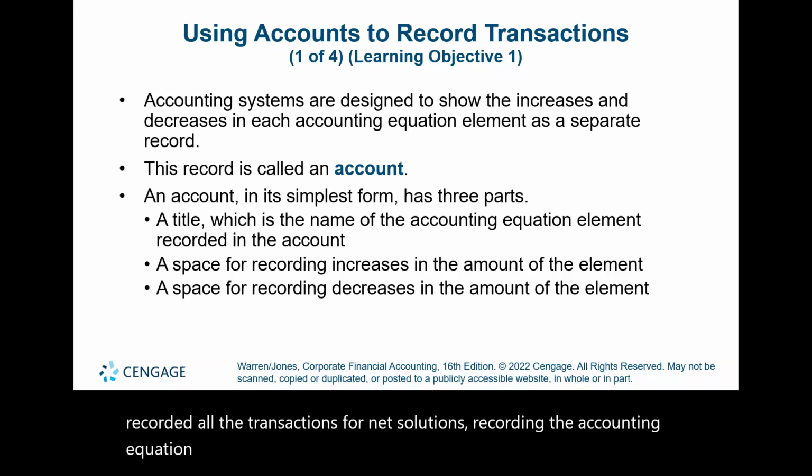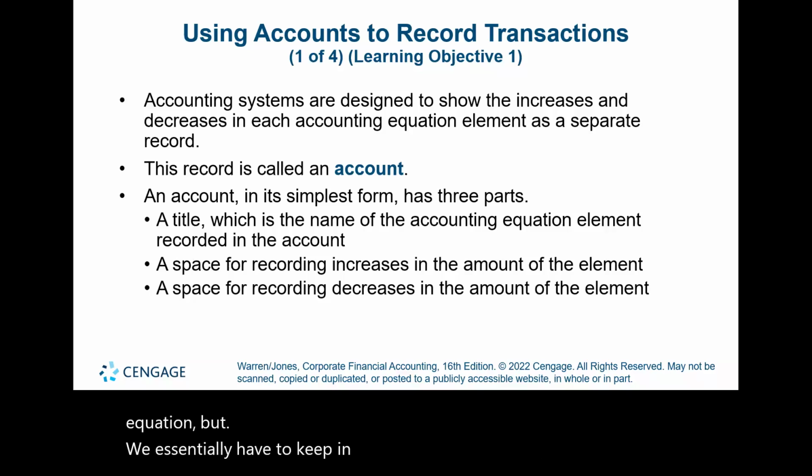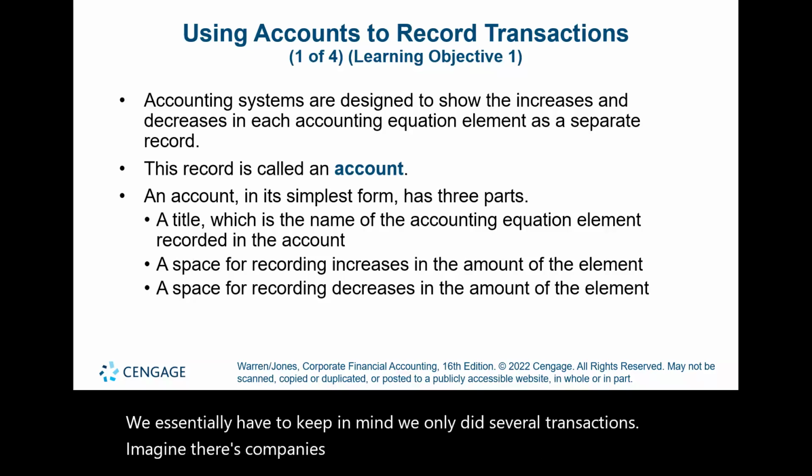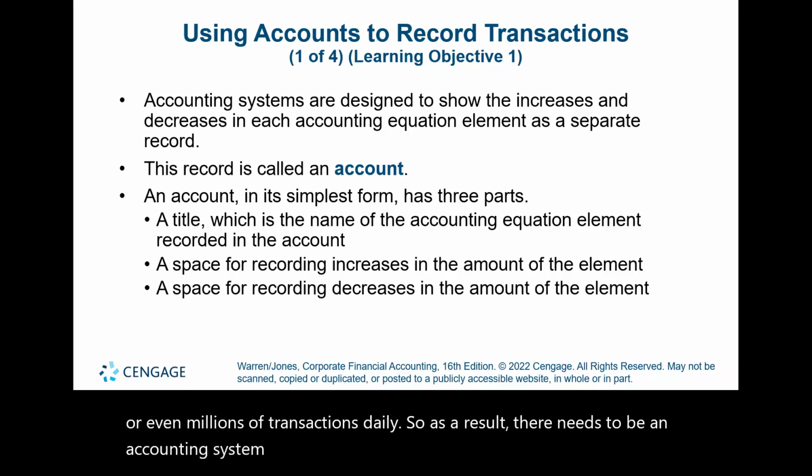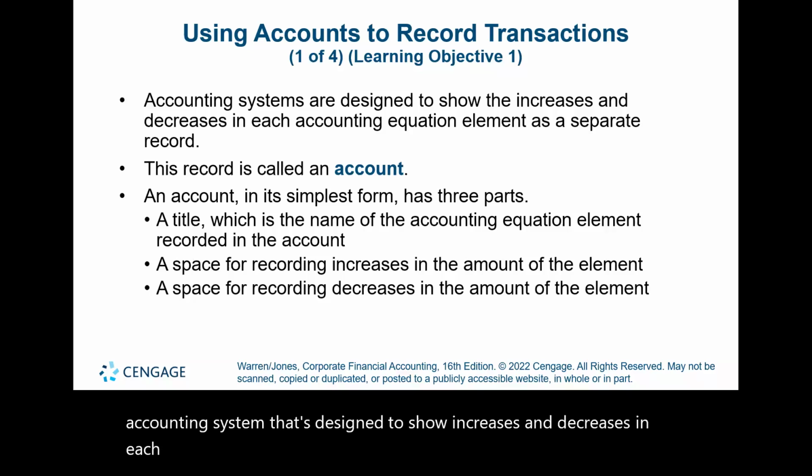But we have to keep in mind, we only did several transactions. Imagine Fortune 500 companies that have thousands or even millions of transactions daily. As a result, there needs to be an accounting system that's designed to show increases and decreases in each accounting equation element as a separate record.